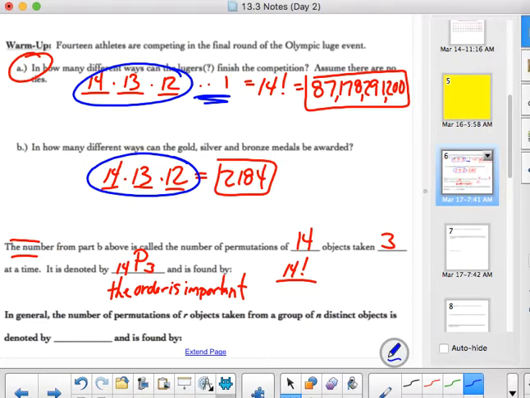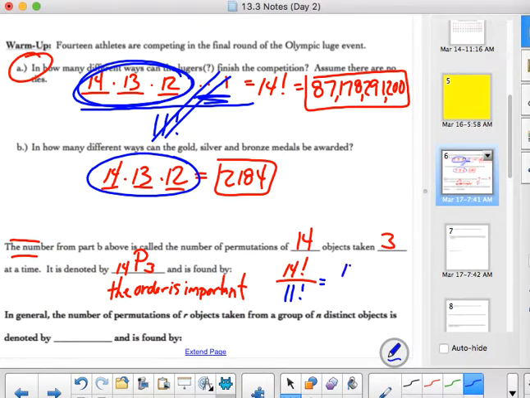So notice what we've done here is we've taken this guy and we've really just divided out 11 factorial from it. And if we were to do that, that would just leave us with 14 times 13 times 12. So one way to think about that would be, what we did in the problem was 14 factorial divided by 11 factorial to get the rest of those factors out of there.